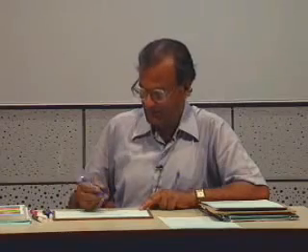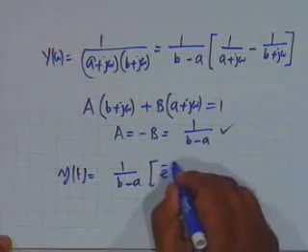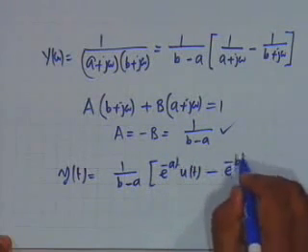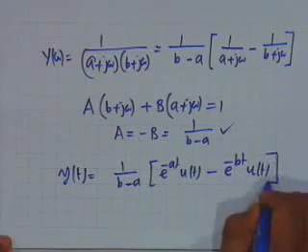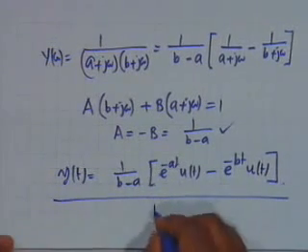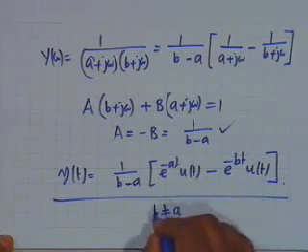The inverse is also one to one. That is, the inverse gives a unique function. And therefore we can inverse transform term by term, and we shall have 1 over b minus a times e to the minus at u of t minus e to the minus bt u of t. This is the total response, provided b is not equal to a.